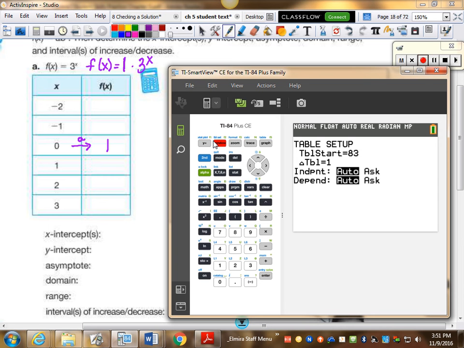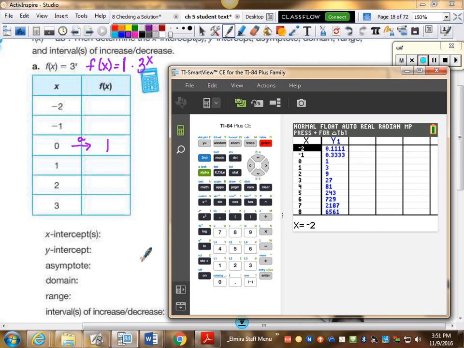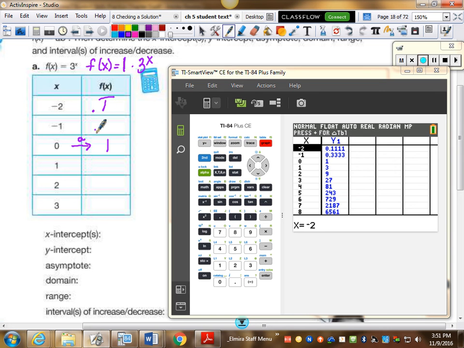So remember, you can set the table start, and since this table starts at -2, I'm going to type in -2 for my table start. Go to my table and fill in the values: 0.1 repeating, 0.3 repeating, we already knew 1 from being the y-intercept, 3, 9, 27.